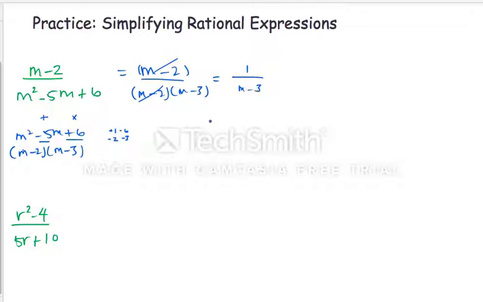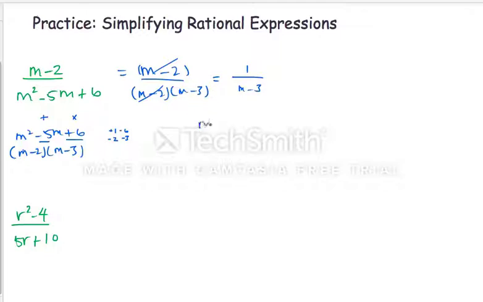Now what are the restrictions? Restrictions are basically values of m that would render the denominator 0. So let's see. Here, if m was 2, this would be 2 minus 2. This whole thing would be 0, and a 0 would multiply the other factor, rendering the whole thing 0, right?